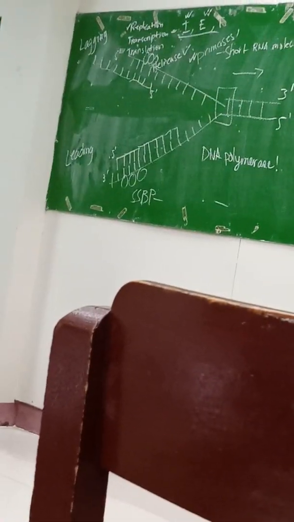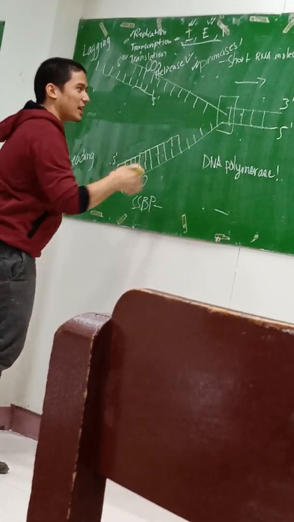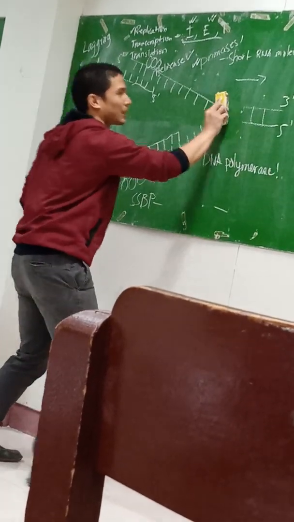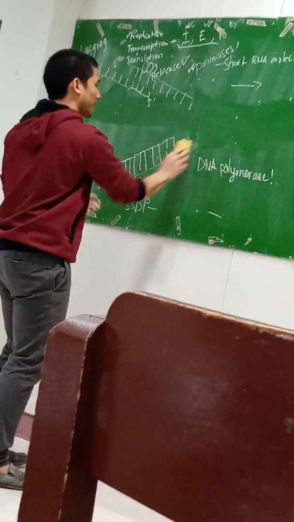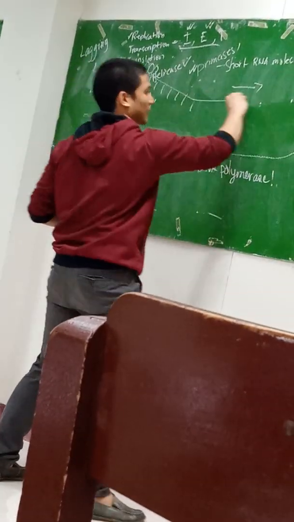Leading strand. So, the whole point bakit may leading and may lagging strand is because of the direction of your polymerization. So, kunwari, eto si DNA helicase natin, patuloy siyang nag-unzip. So, nag-unzip pa rin siya.